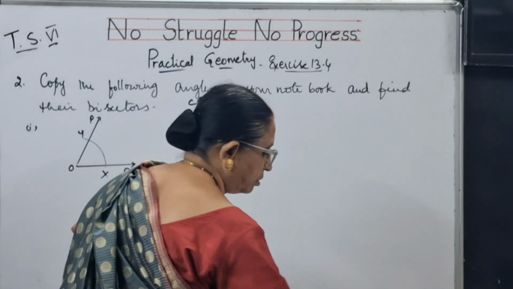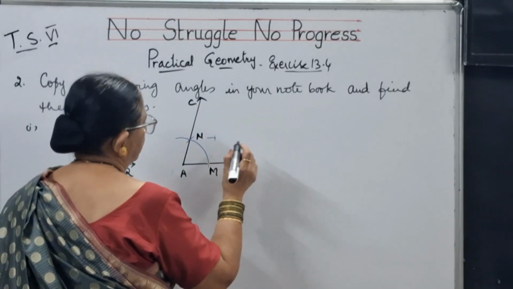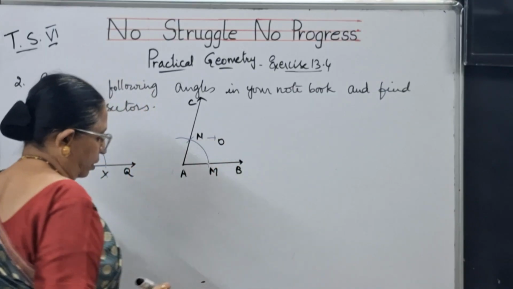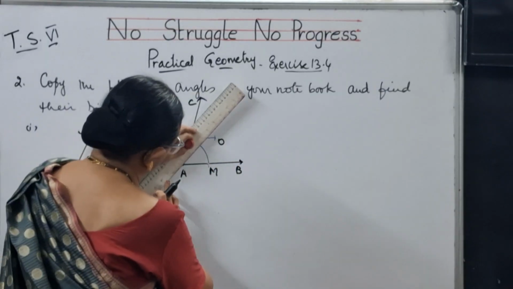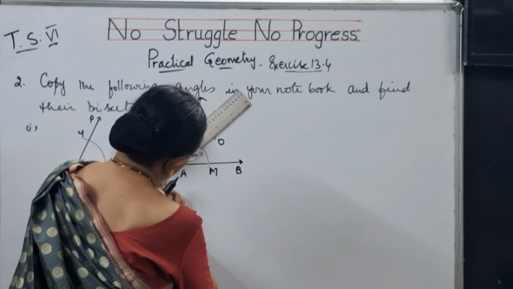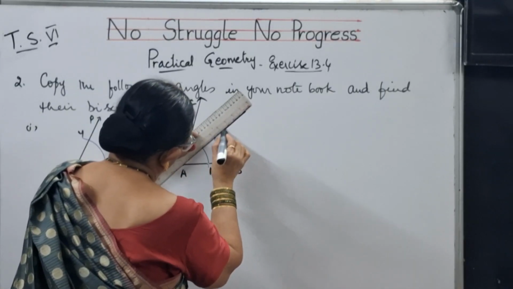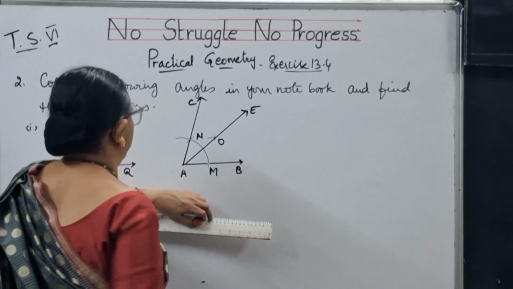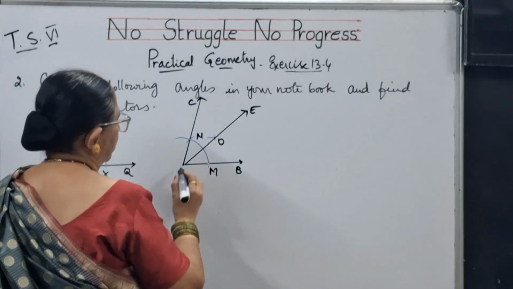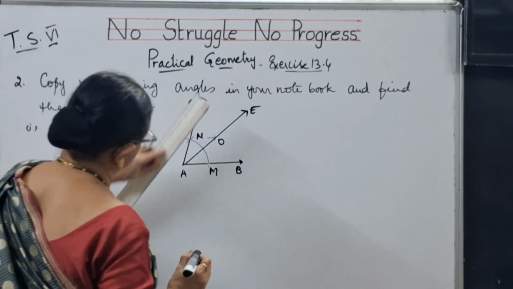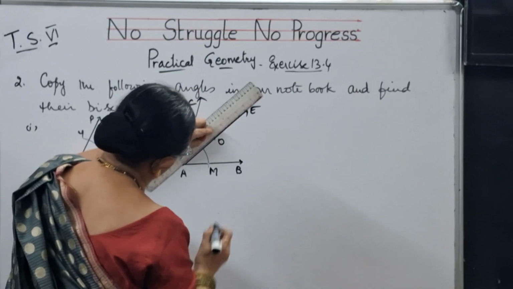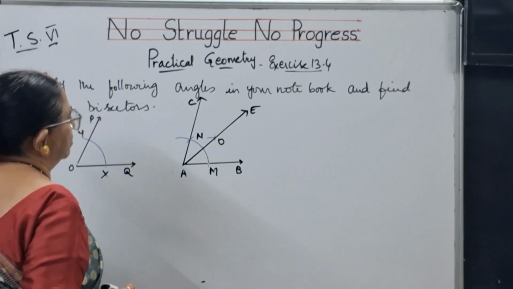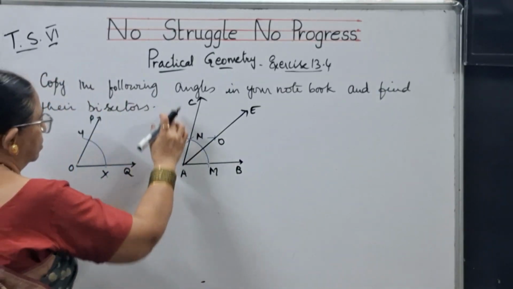These two are intersecting at a point. Let me call this as O. Now if I join A and O and draw a ray AE, AE is the bisector of angle CAB.